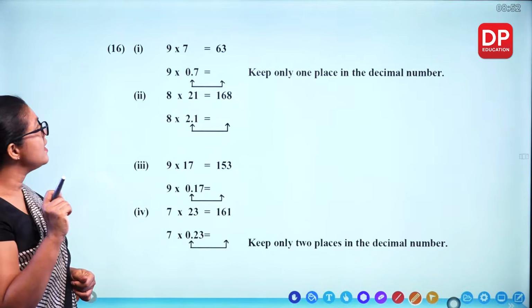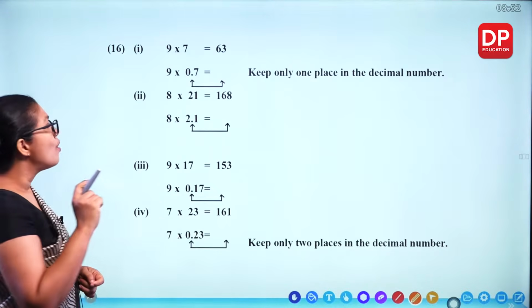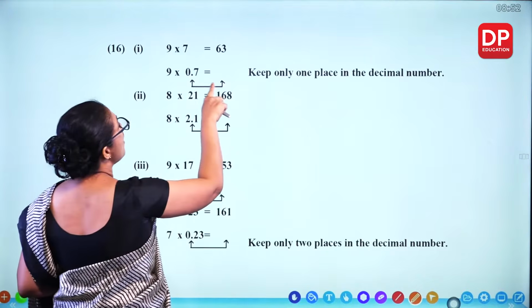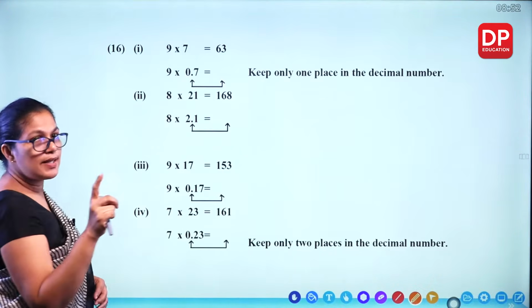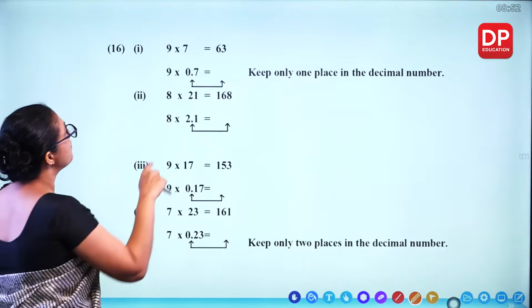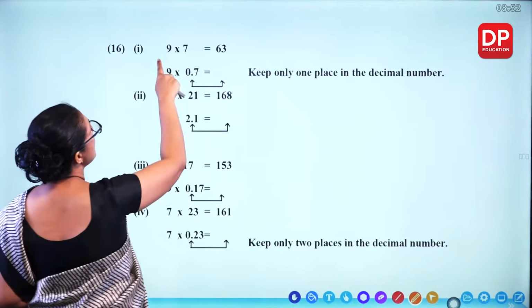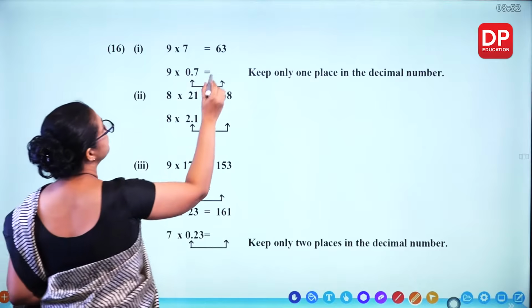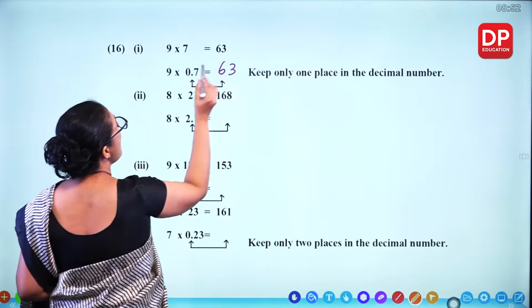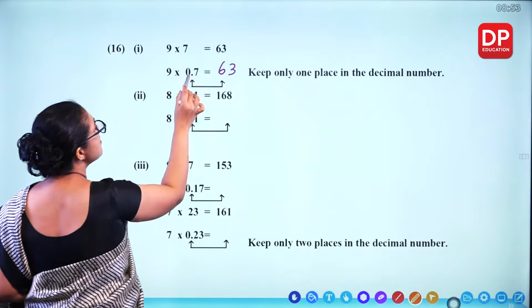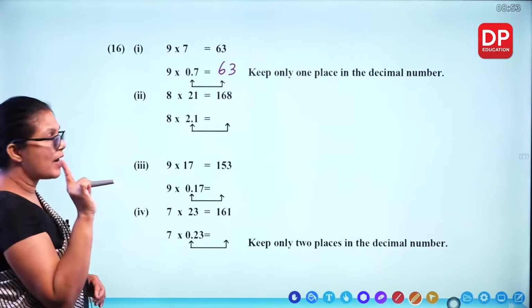Another method now. Easy method to write down when you have a decimal number and a whole number. So just ignore the decimal point. And then 9 times 7 is 63. And then one decimal point is there for 0.7.